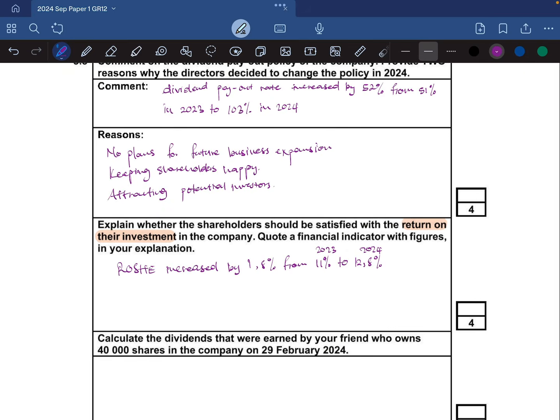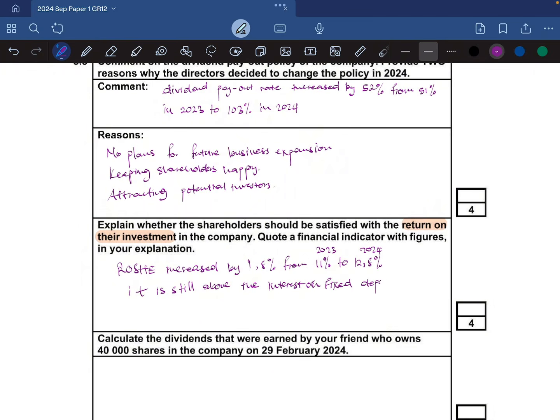So it is still above the interest on fixed deposit of 8%, which is our alternative investment.